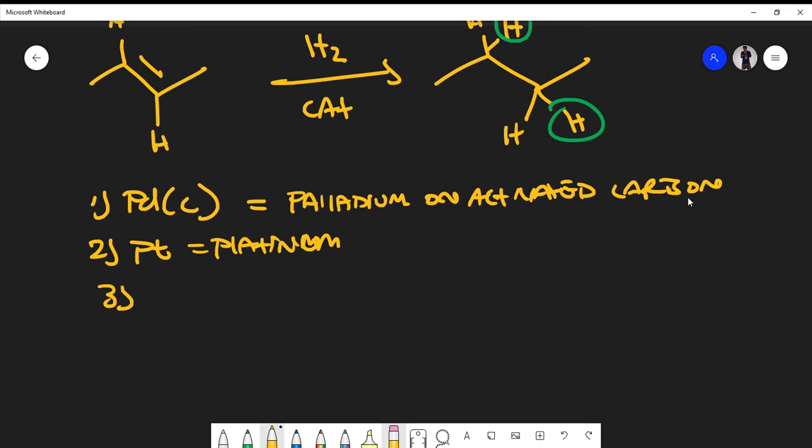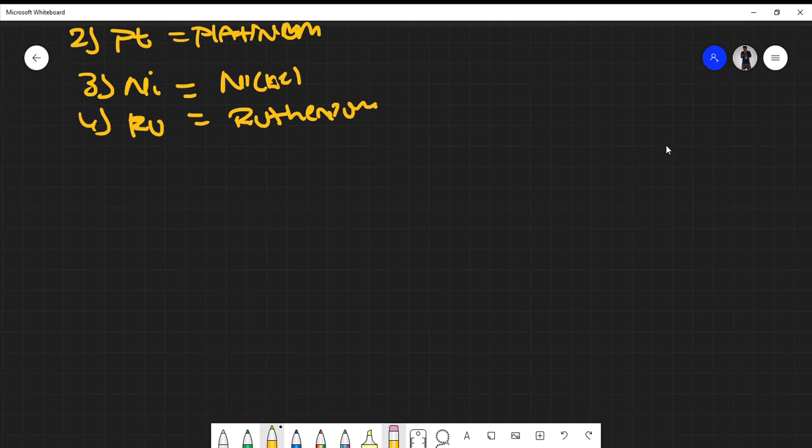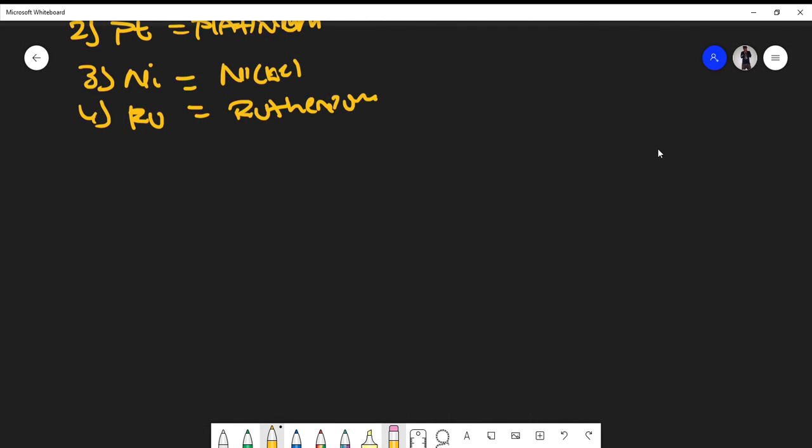You could also use nickel as a catalyst. And the other common one you actually see is ruthenium, which is Ru. So again, you use hydrogen gas with any of these catalysts, and you get rid of the double bond. You add hydrogen on either side.